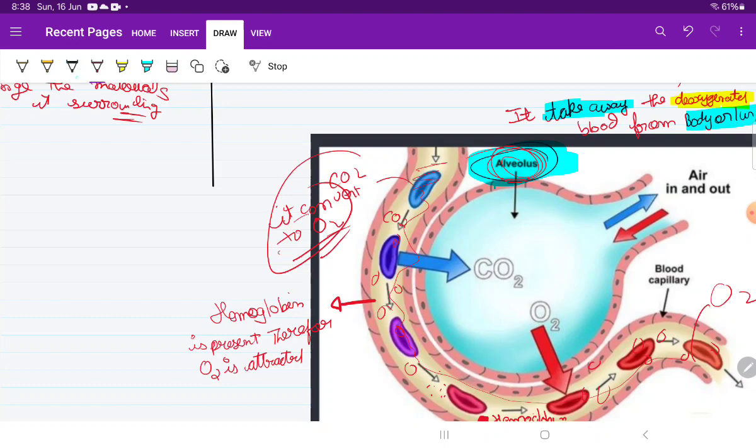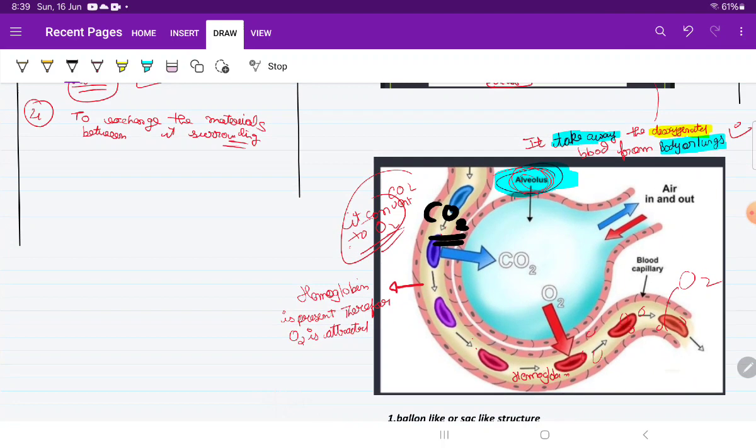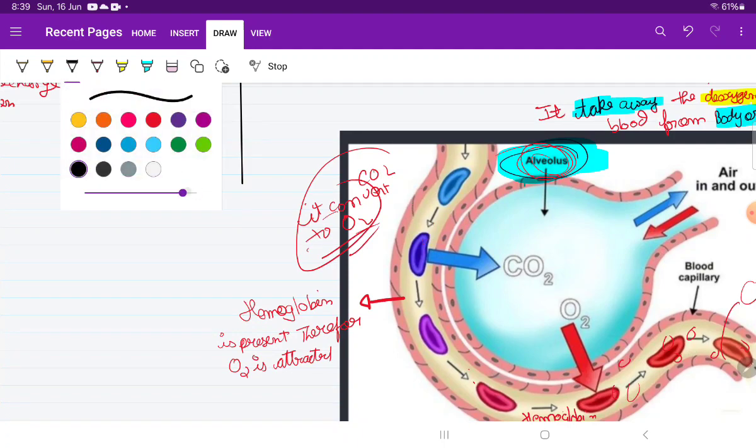There are lots of things in between. CO2 is present in the blood capillaries, this is extra dark.